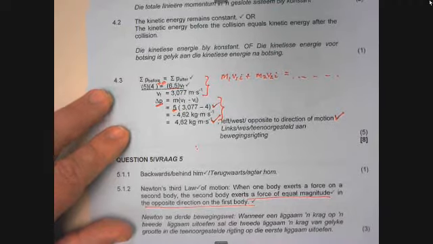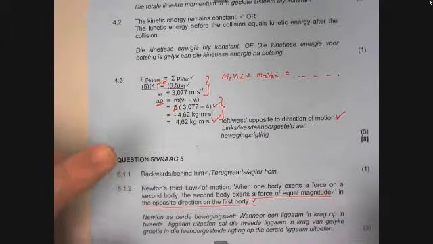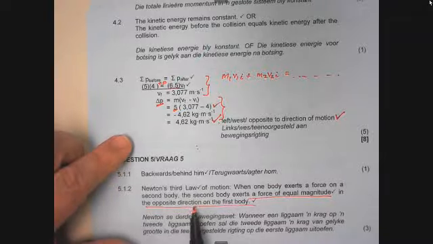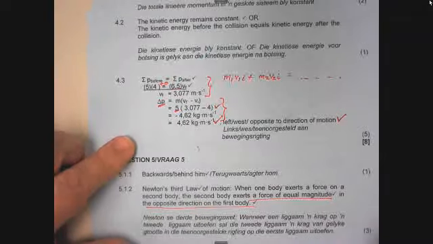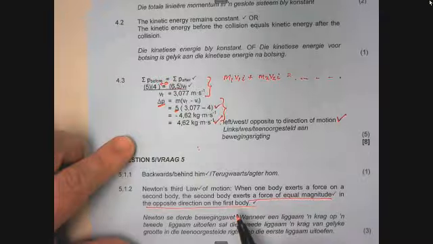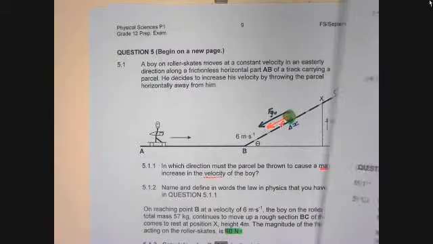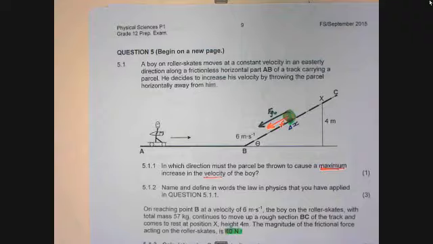It's 2 parts: the force acting on the 2 bodies is equal in magnitude, and the second mark is for referring to the fact that those 2 forces on the 2 objects are in opposite directions. Right, Newton's third law.